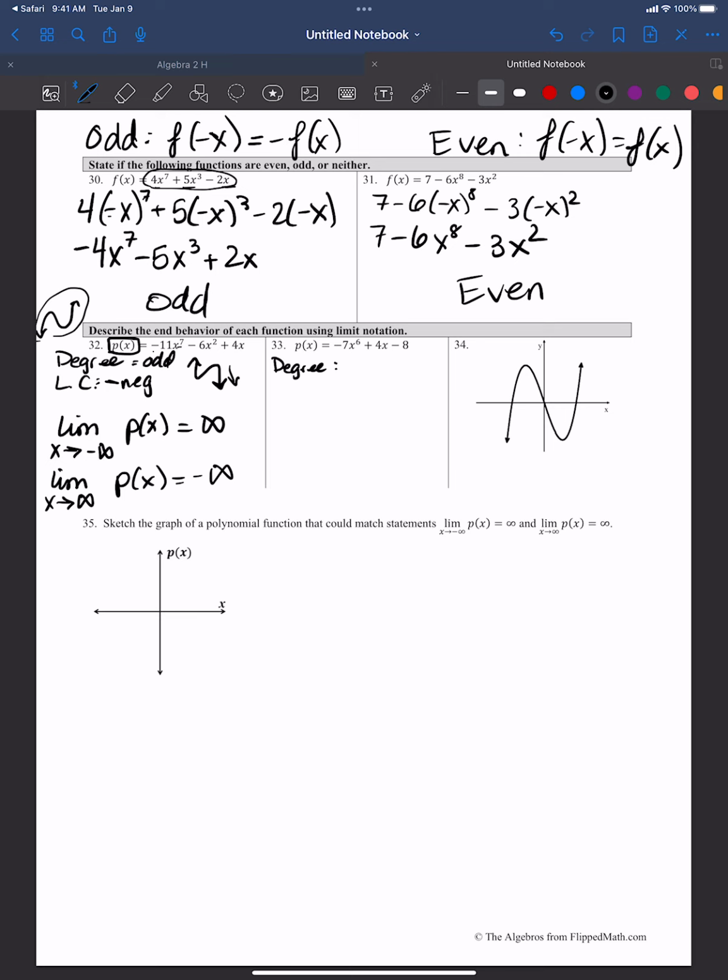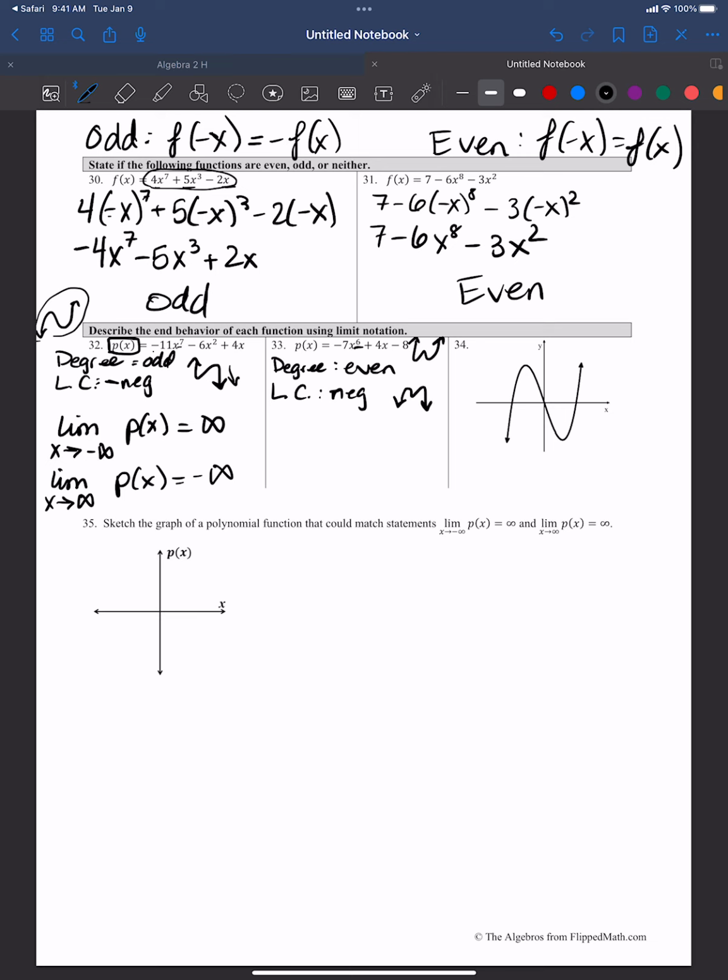Same thing happening over here. My degree is even this time, but my leading coefficient is still negative. So remember that a regular function that's going to be positive is going up, but since the leading coefficient is negative, I'm looking more at a downward.